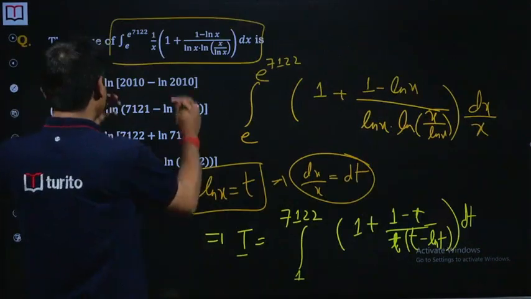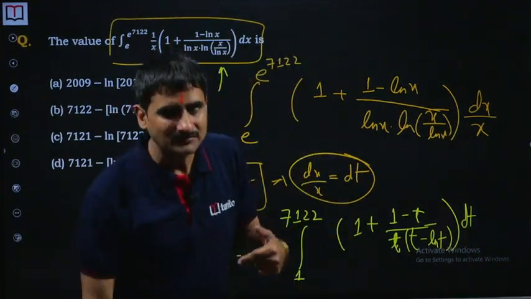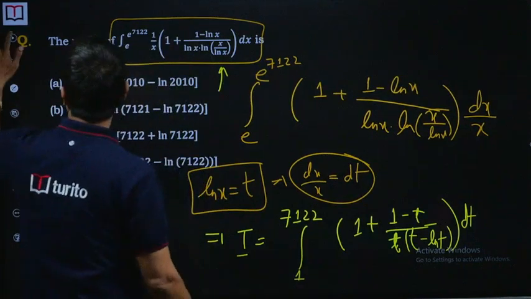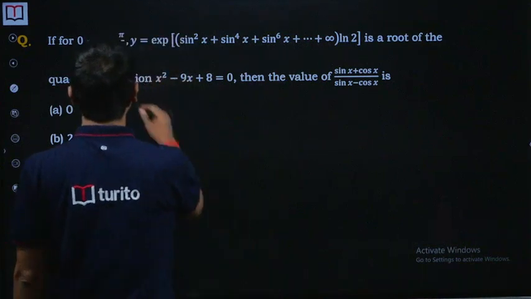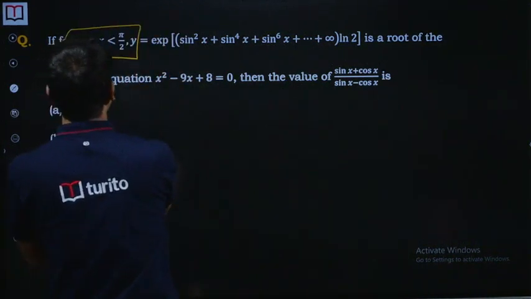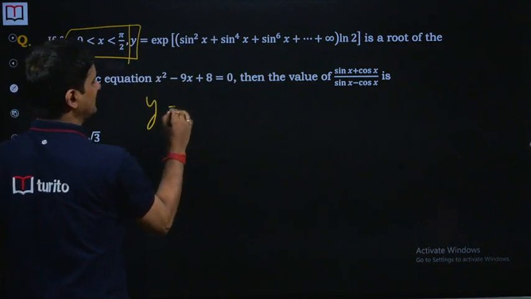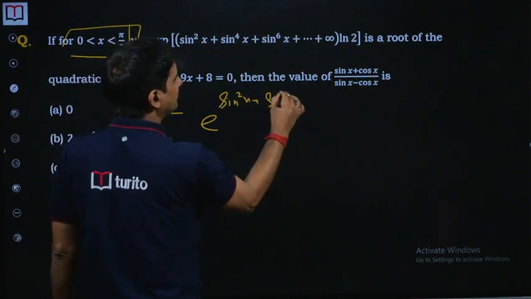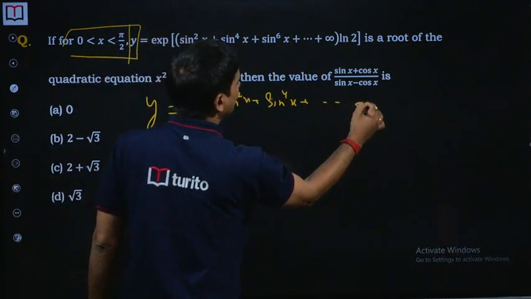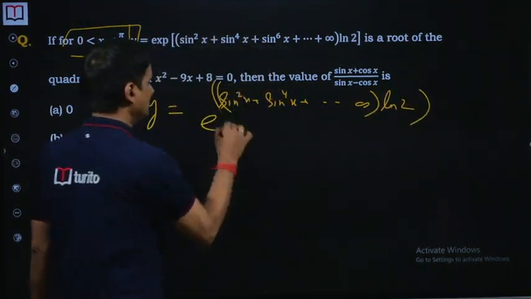So that question again, the purpose was to get you a similar question in a different format. Again, an interesting and good question. Now moving to the next question: if x lies between 0 to pi by 2 and y is e raised to the power (sine square x plus sine raised to the power 4 x plus till infinity) times ln 2, that's your y.